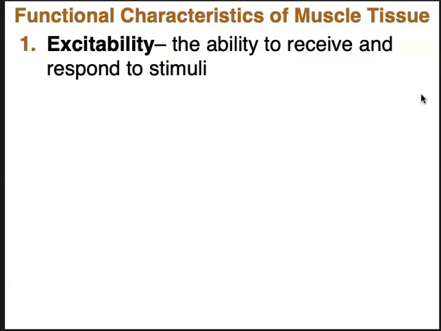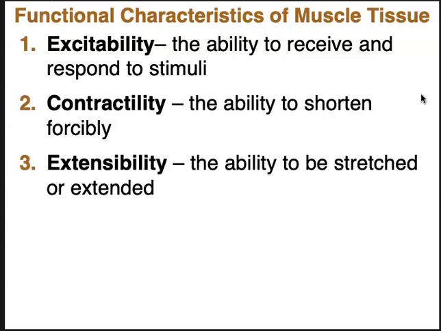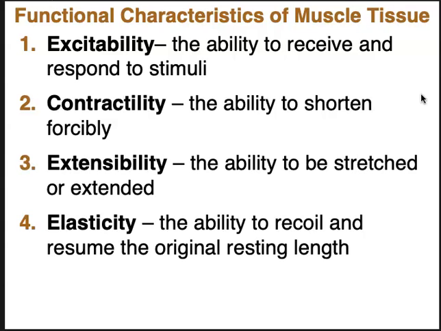Functional characteristics of muscle tissue. Of course, they're excitable, they're contractile, they're extensible, and they show elasticity. They're excitable because they respond to stimuli, and of course, this comes from your neurons. Their contractility is revealed by the fact that you have the sliding filament model that allows the muscle to shorten forcibly.